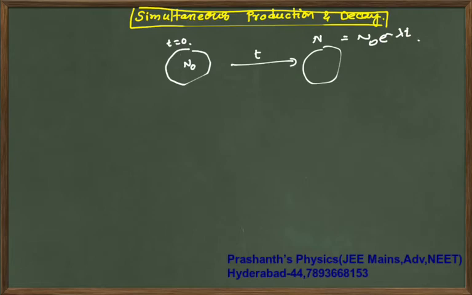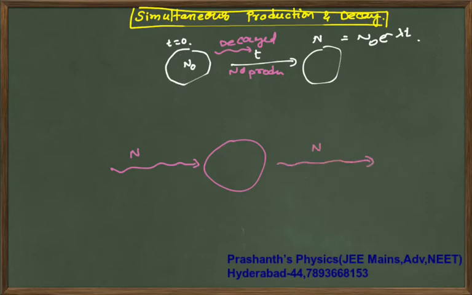Everything is fine. Here, whatever is there is only getting decayed, no production. But now if you have production happening simultaneously, some N number of nuclei are being produced, and for example some N dash number of nuclei are getting decayed.